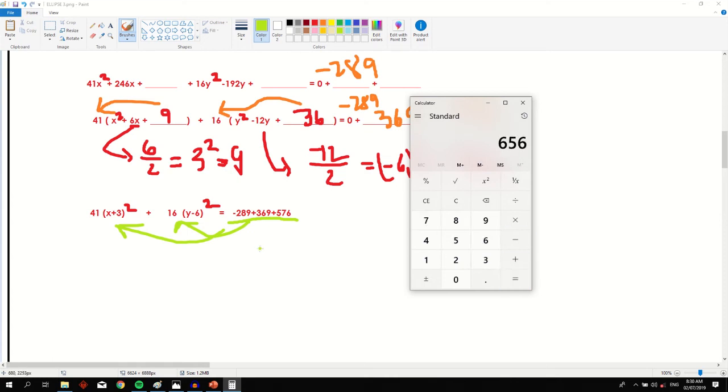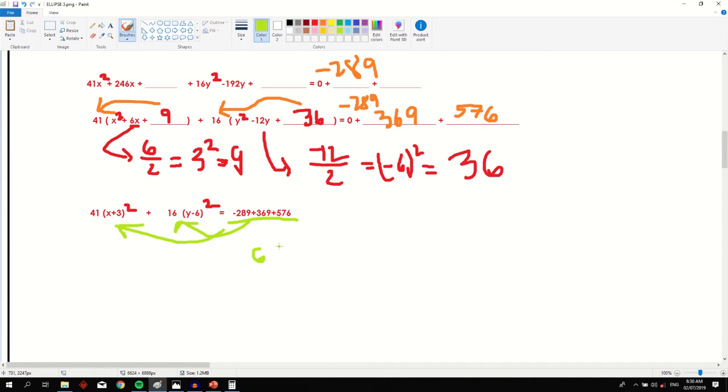So here 656 equals, I will just copy this one, so I will not write it anymore. Okay, just like that.